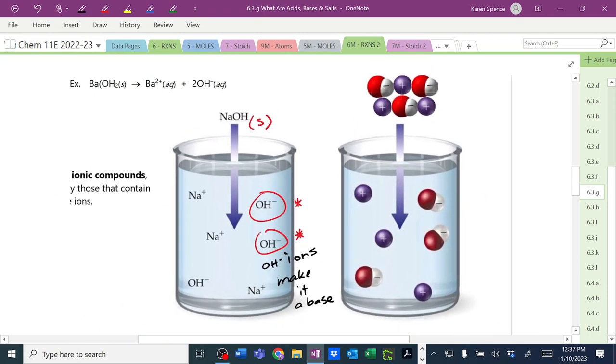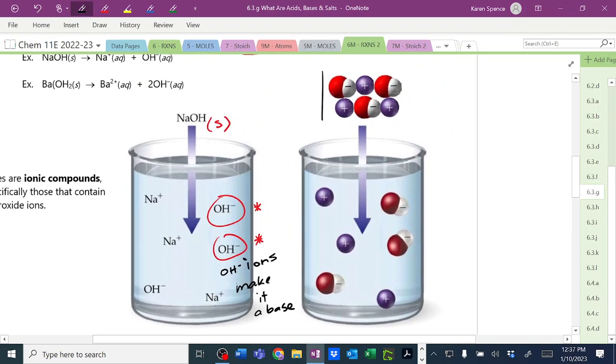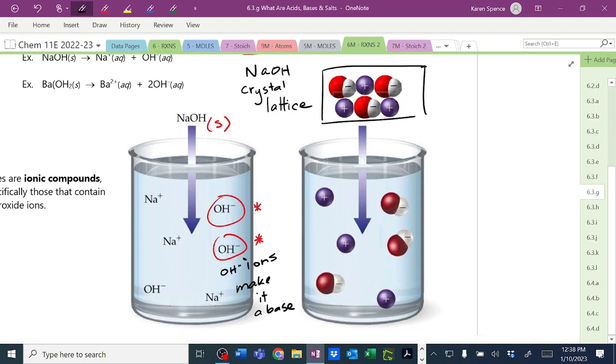Okay, and so you can actually see a little picture here. We have a little NaOH crystal lattice. But when it dissolves, the Na is no longer together with the OH. It is separate.